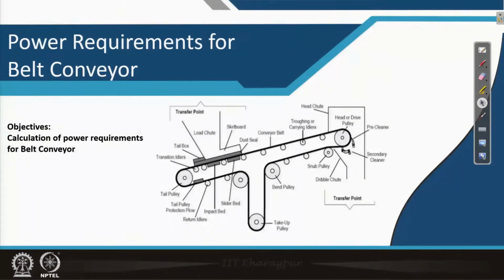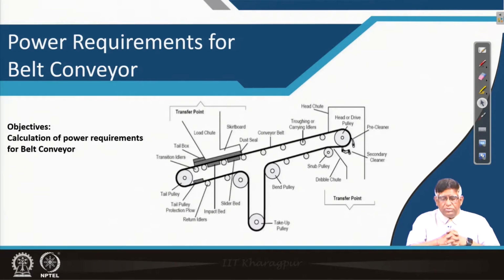Once again, please recapitulate what you know about the constructional components of a conveyor belt. You know that you will have to drive this conveyor, and then the material is to be discharged over here. So, for this drive pulley, what will be the requirement of motor power to drive this?